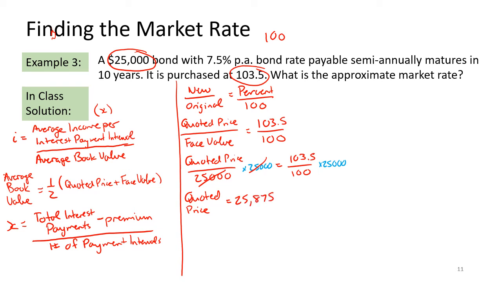So again, it's at a premium. If we have our quoted price, we can easily then find our premium, which is equal to $25,875 minus 25,000, or 875. So we'll need that a little bit later. With this information, we can now find our average book value.